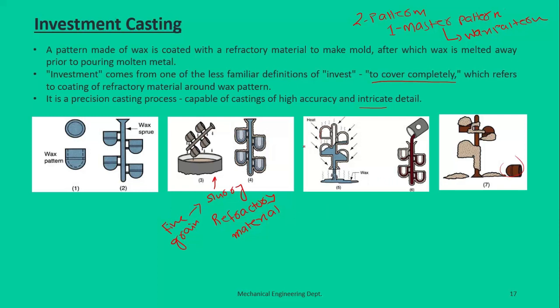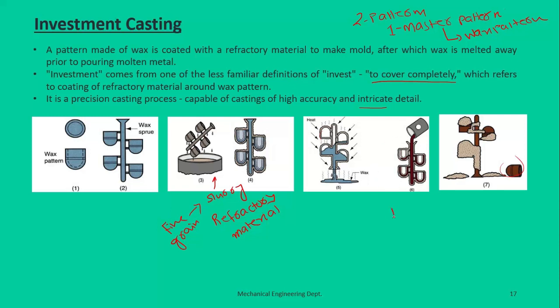In this kind of casting process we can cast multiple products. Let's suppose you are making cups like this one and you want to make multiple cups. We make a sprue of wax and attach multiple mold cavities to this main sprue, so that once you pour the molten material, it fills the cavities of all those cups. So we can cast multiple products by making a pattern tree.